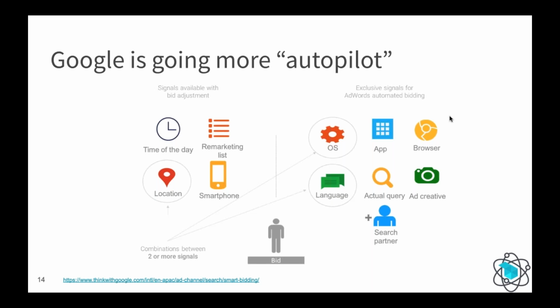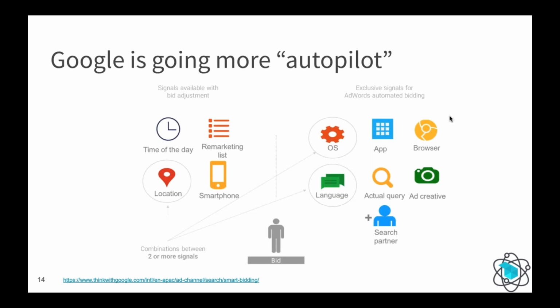We know if the user is in a certain remarketing list, what is the time of the day, the operating system, the language, all sorts of information that us as advertisers, we don't necessarily have available in the interface or even through API for that matter when we are buying advertising.